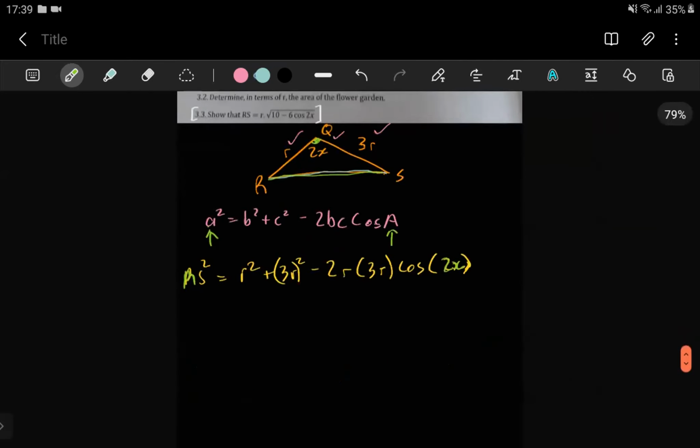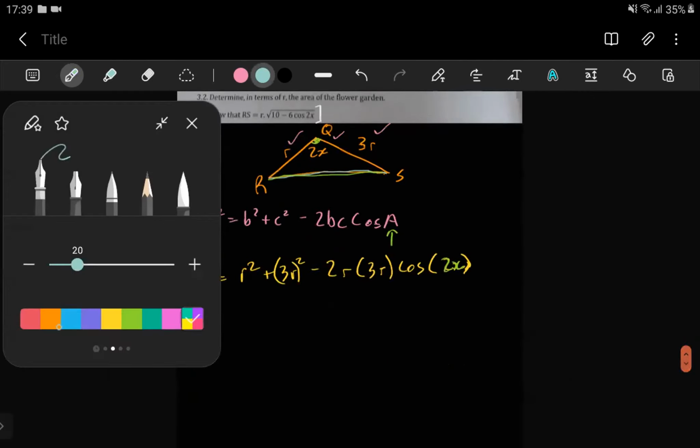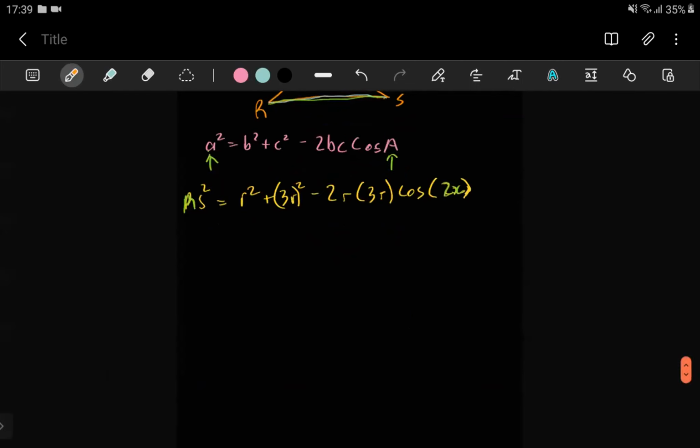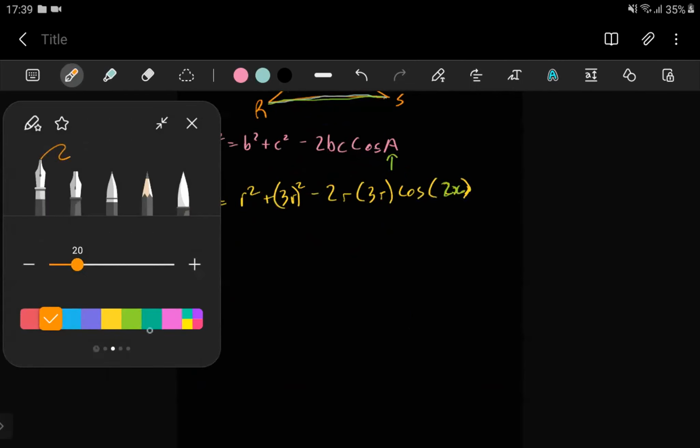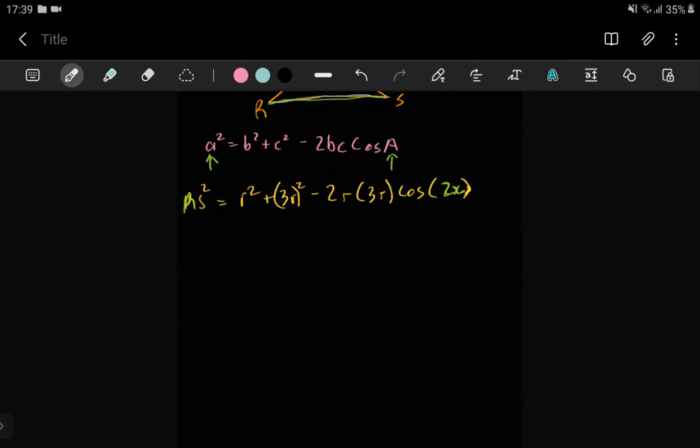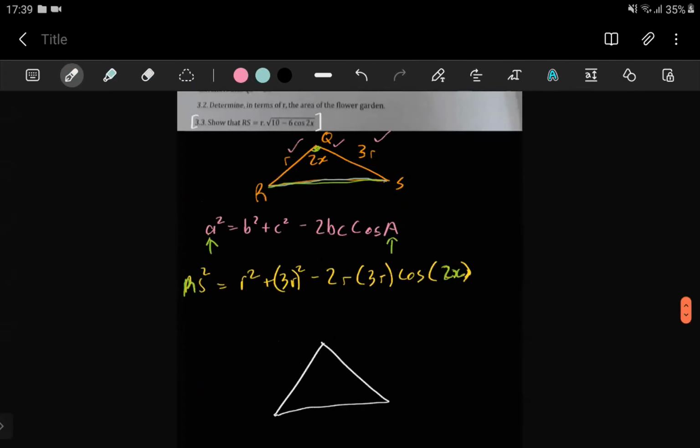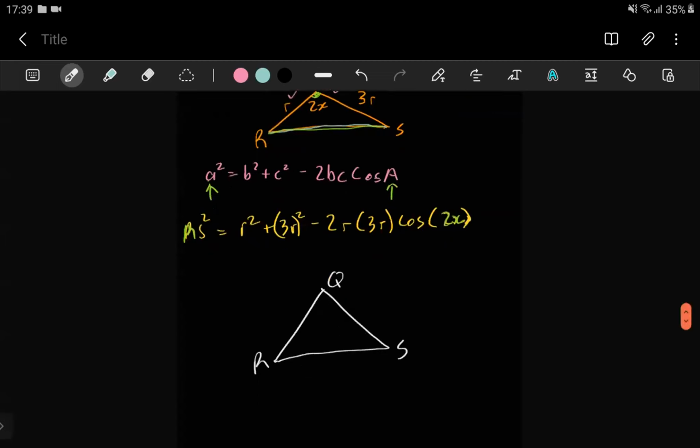Because for example, sometimes, let's have an example. Let's say you had a triangle, and let's use different variables, so there's a here, b here, c here.